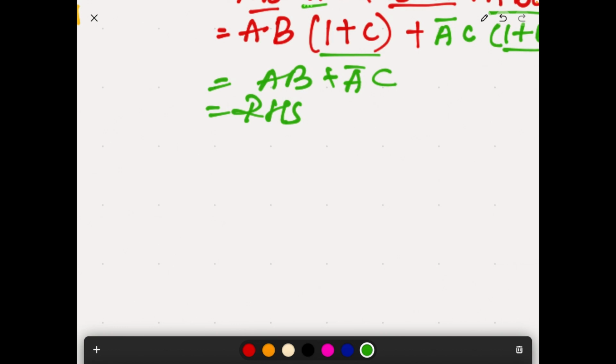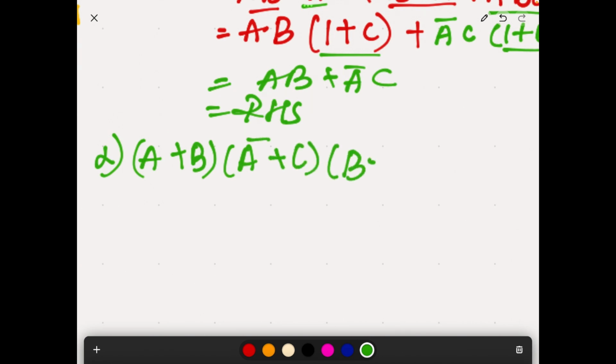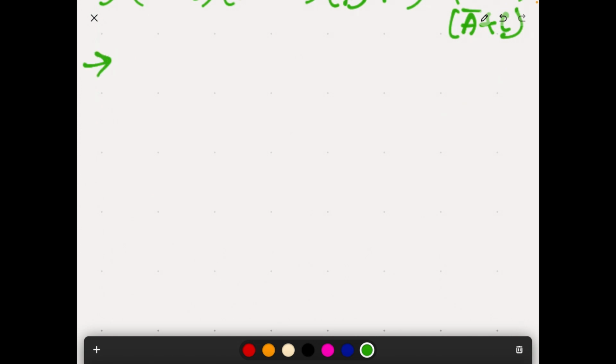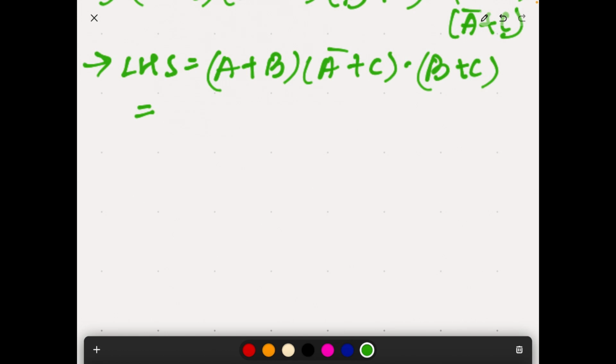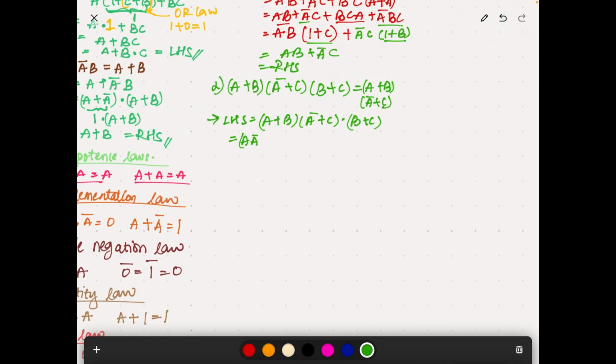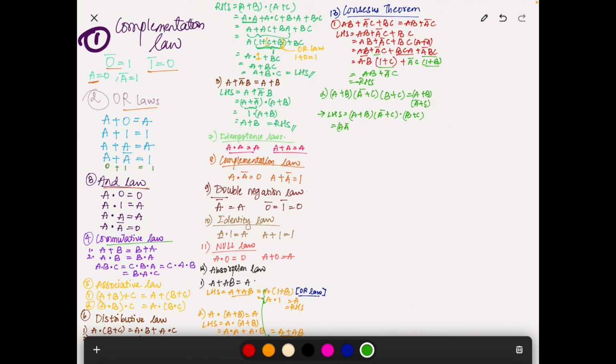Now we move on to the second one. So for the second one, we have the question (A plus B)(A bar plus C)(B plus C) equals (A plus B)(A bar plus C). What we are going to do is again take the LHS, that is (A plus B)(A bar plus C)(B plus C). If you open the brackets, we can say we are using the associative law.